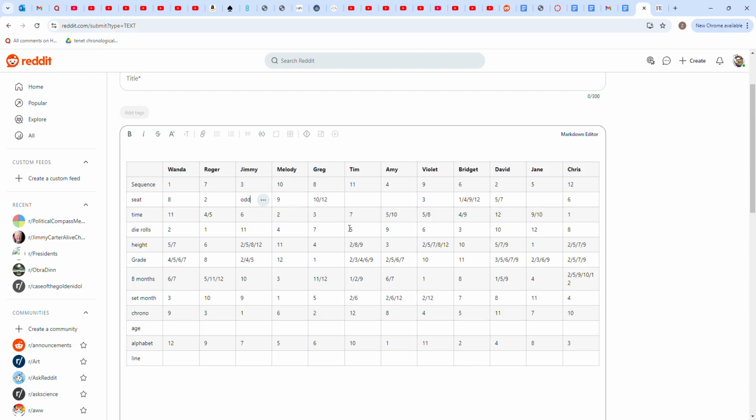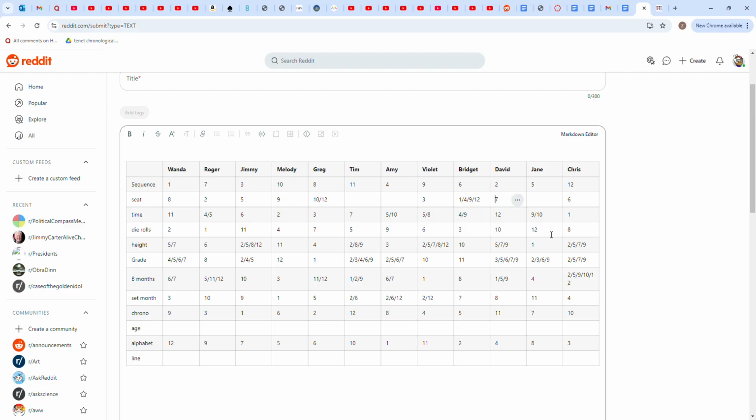We also need to figure out what seats Jimmy has available, and let's look through those. 1's not available. Remember that Jimmy's seat was odd. 1 isn't available, 3 isn't available, 5 is, 7 isn't, 9 isn't, and 11 isn't, which means that Jimmy's in seat 5 and that David is in seat 7.